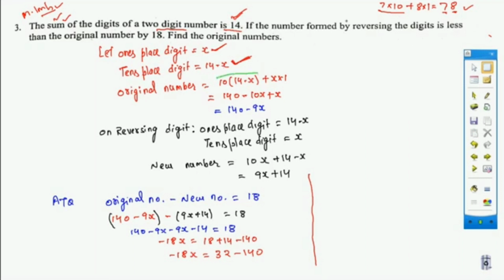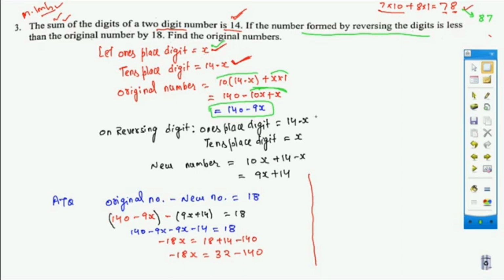Now according to the question, on reversing the digits, that means the 10's place digit comes to the 1's place and the 1's place digit comes to the 10's place. So here the 1's place digit is equal to 14 minus x and the 10's place digit is equal to x.